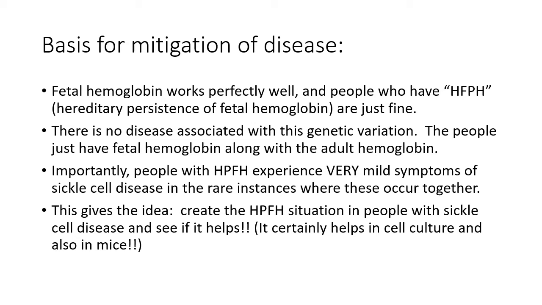It's a syndrome, but it doesn't cause any major problems. And so what people decided to try to do was to create the persistent phenotype in people with sickle cell disease, hoping that it would mitigate the effects of their disease. So we're essentially creating a genetic syndrome in cells, and then in people's cells, in order to mitigate these effects.